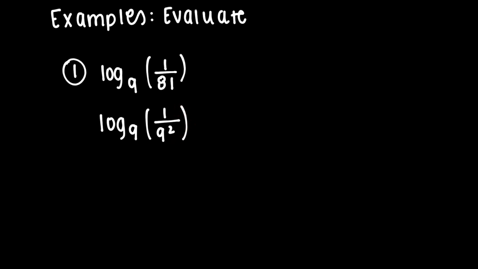And when we move stuff to the top or move stuff to the bottom, that makes its exponent have an opposite sign. So now I have log base 9, and instead of 9 squared, I'm going to have 9 to the negative 2. Remember, at this point, if your log and your exponent base are the same, they cancel out. So my final answer, log base 9 of 1 over 81, is just negative 2.